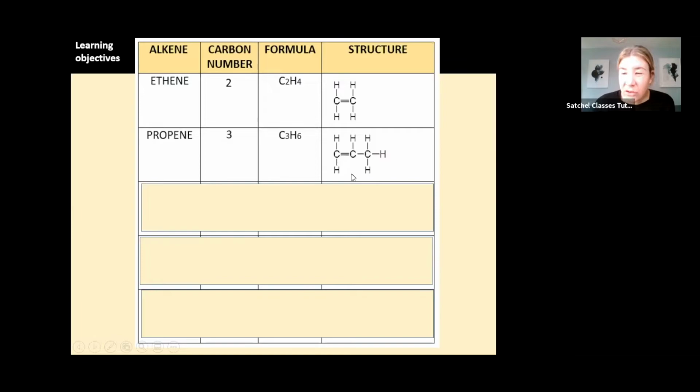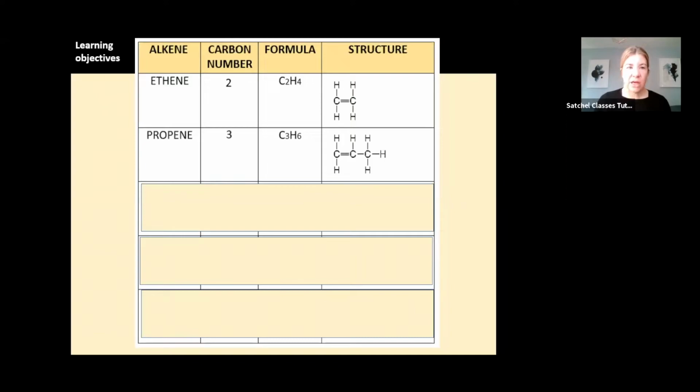Well, so a couple of rules I would suggest when it comes to drawing the structure of alkenes. Firstly, I would suggest doing a double bond between the first 2 carbons. It doesn't have to be, all right, but I would suggest that for GCSE. It makes it a lot easier. Secondly, you need to think about how many bonds carbon can actually make, okay?